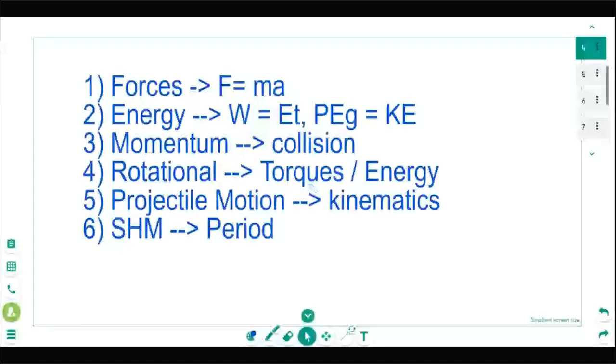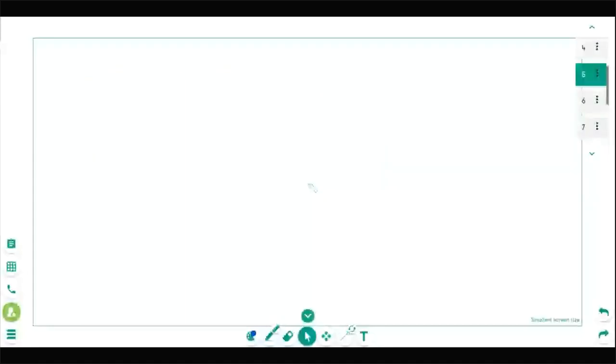Okay, what's next? There's a question about rotational rolling without slipping. Okay, let's do some rolling without slipping and see where this goes. So let's say we have a ball. Let's do it on a ramp.